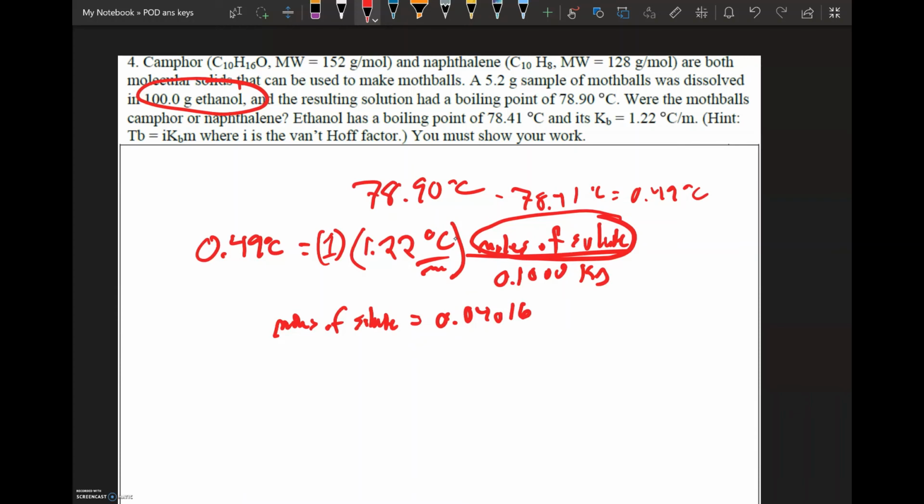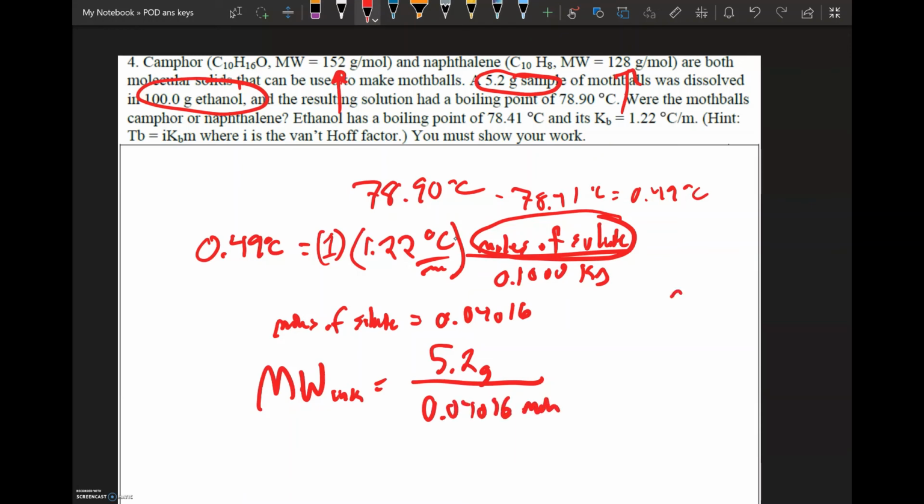If we look at the top here, we're given the mass of the sample, but we're also given the molar masses of the two compounds. So what we're going to do is figure out the molar mass of the unknown substance by taking the mass of the mothball and dividing it by the moles that we just calculated.